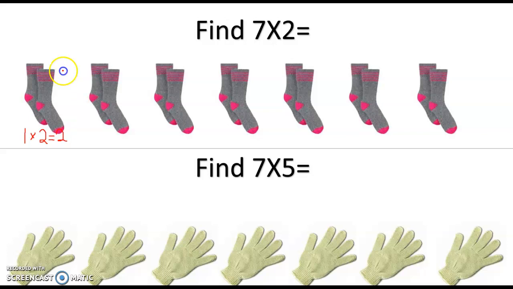What if I have just 2 pairs of socks? Well, I've got 2 pairs of socks. I have 2 socks in each pair. So I've got 2, 4. 4 socks.